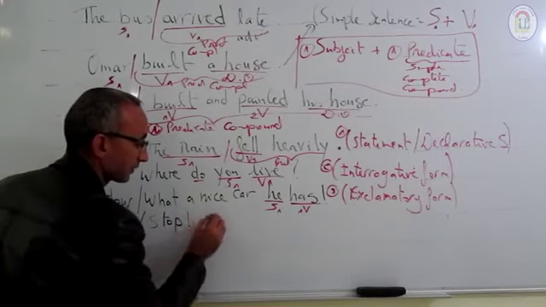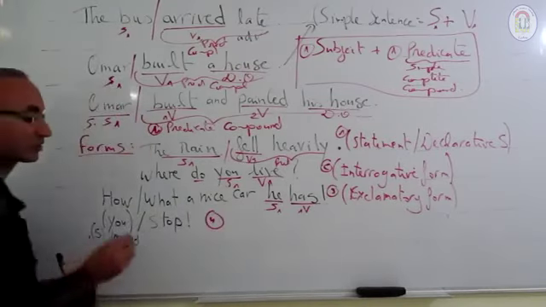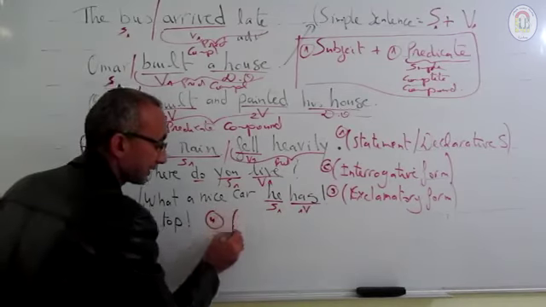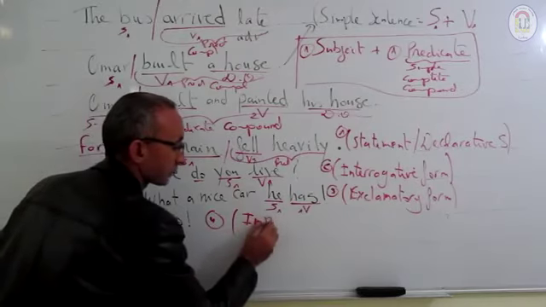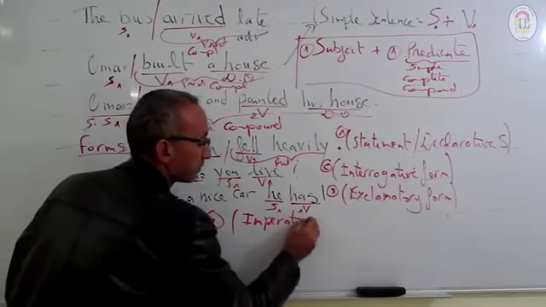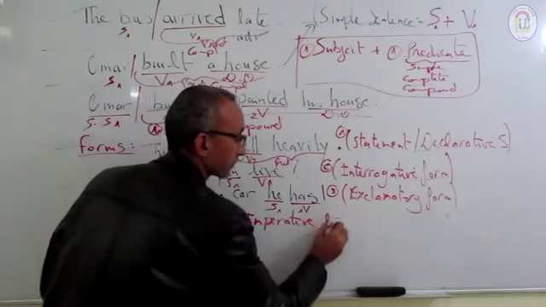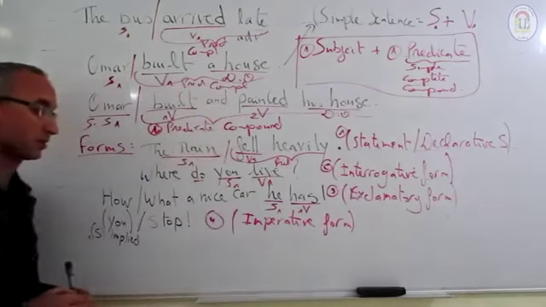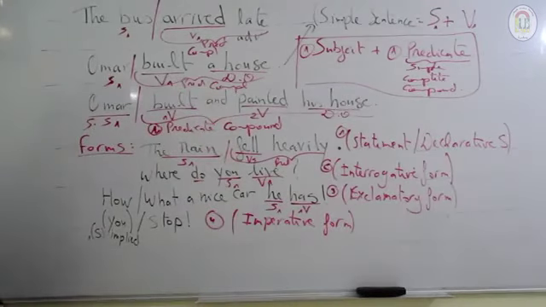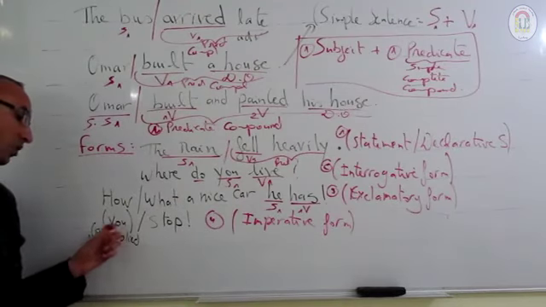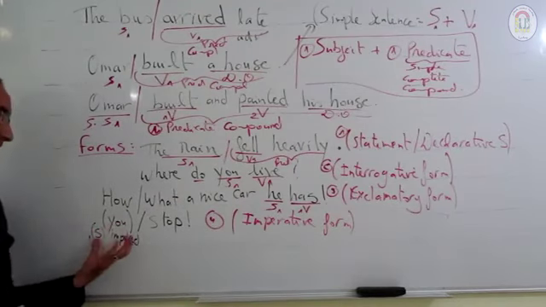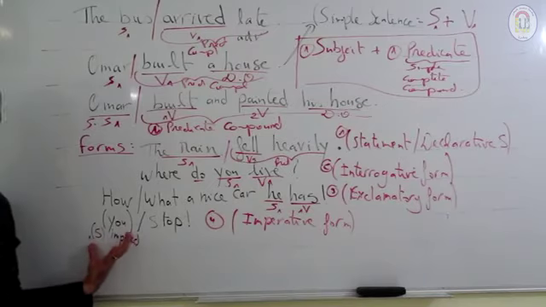So the fourth form of the English sentence is imperative. Here the English sentence takes an imperative form, like in French, in which usually the subject is implied or hidden, which is you.